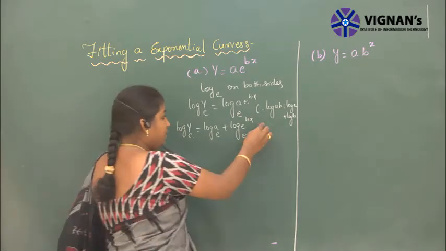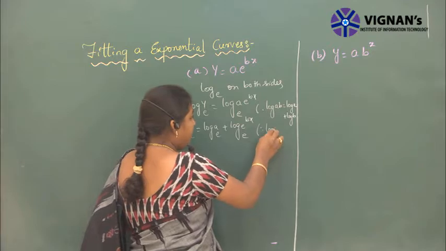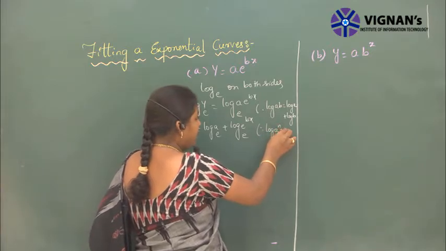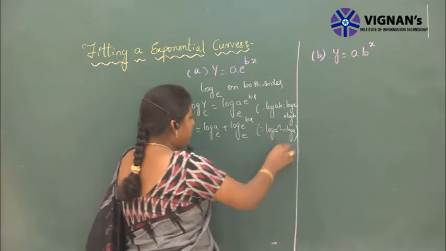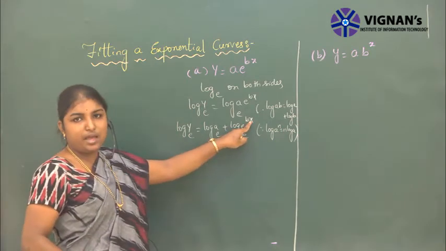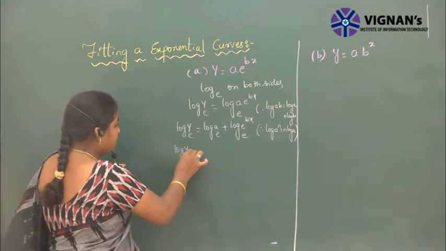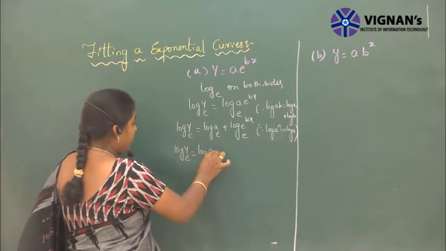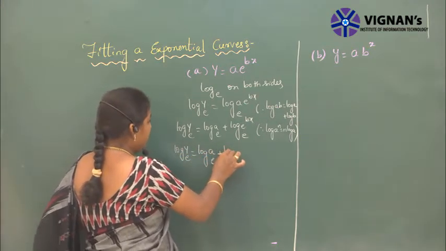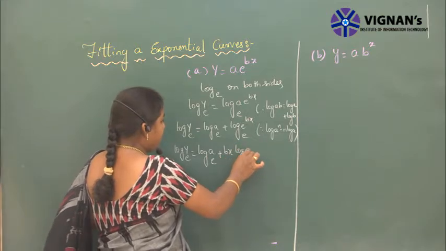Again, since we know that log a power n can be written as n into log a, here e power bx can be written as log y base e equal to log a base e plus bx into log e base e.